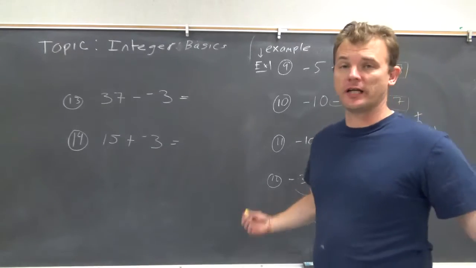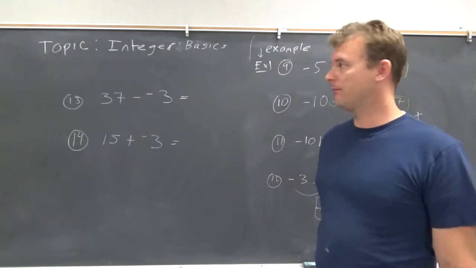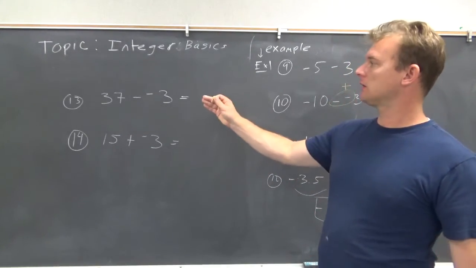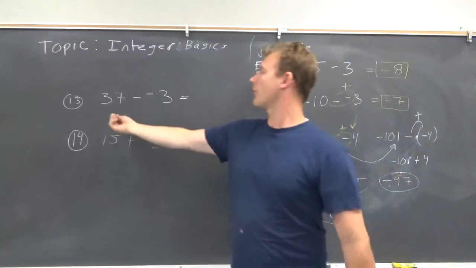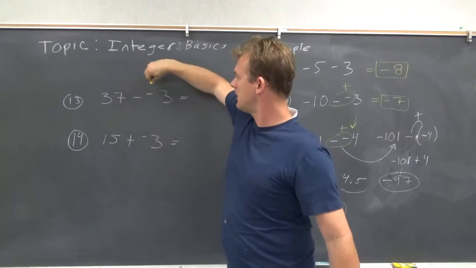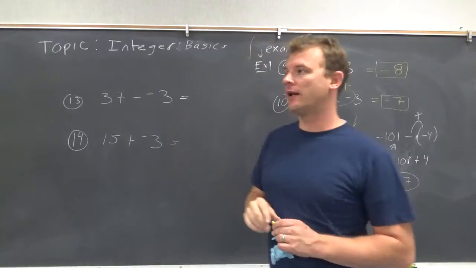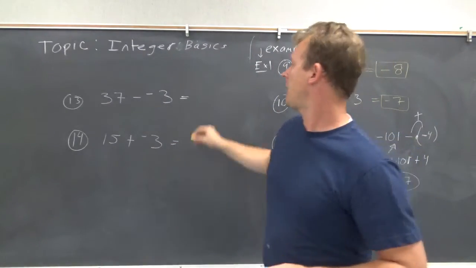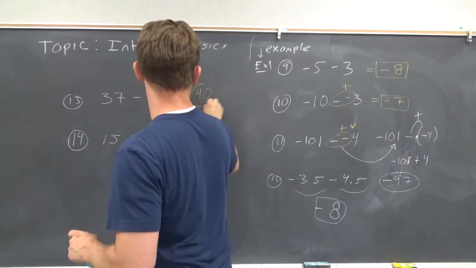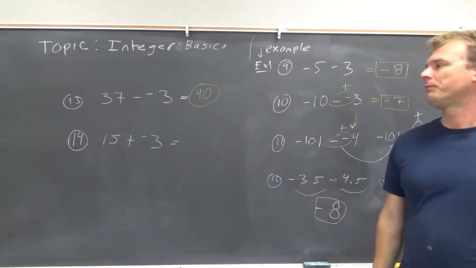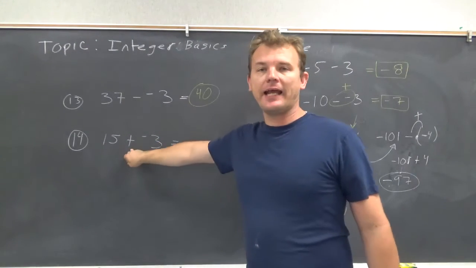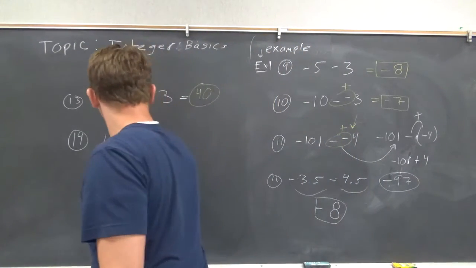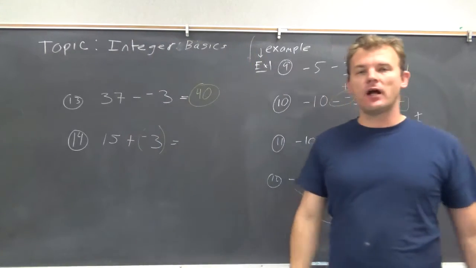I'm not going to do our trick. I'm just going to keep going for it. So I have $37 minus negative 3. Now I know the trick in that. I'm not going to do that. I know it's going to be 40. I have $15 and I added negative $3.